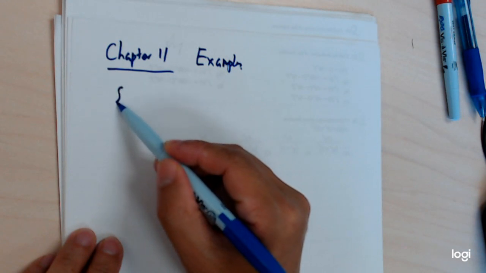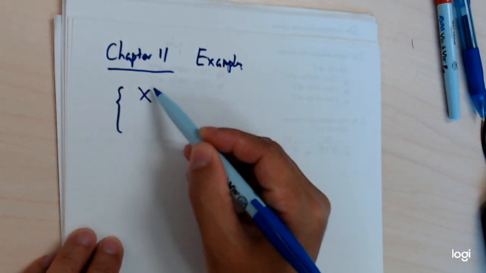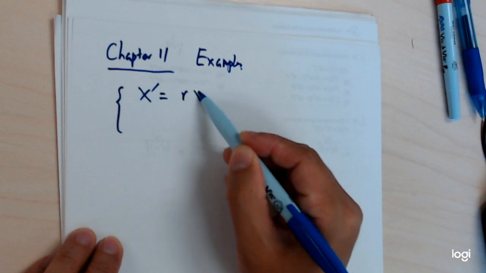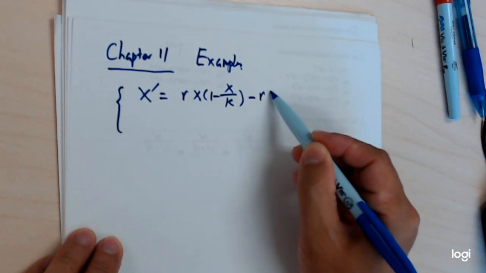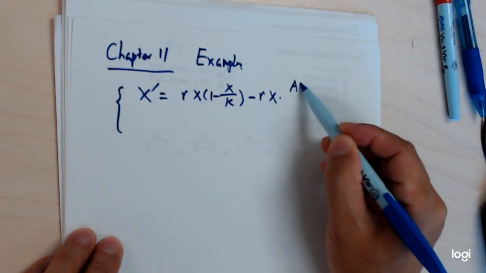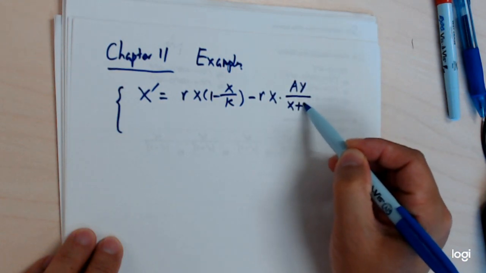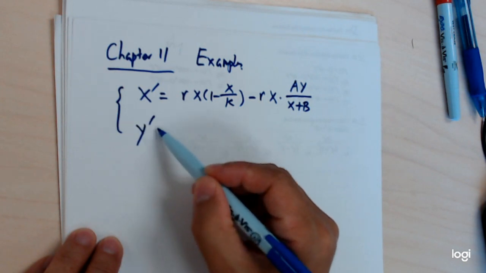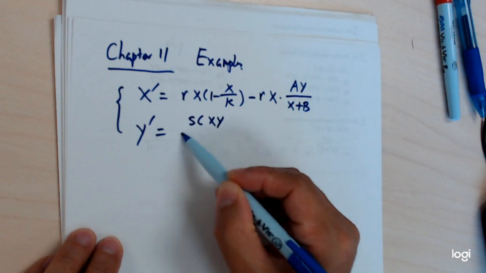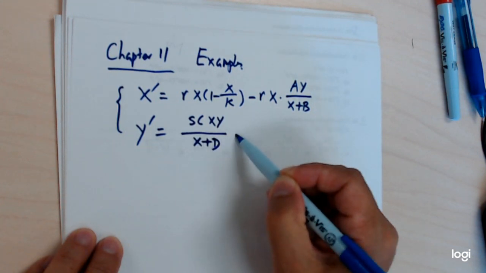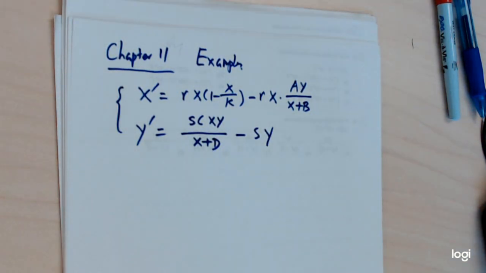The first problem we are going to look at is this system here. So this is certainly more complicated than all the examples that we have seen so far.